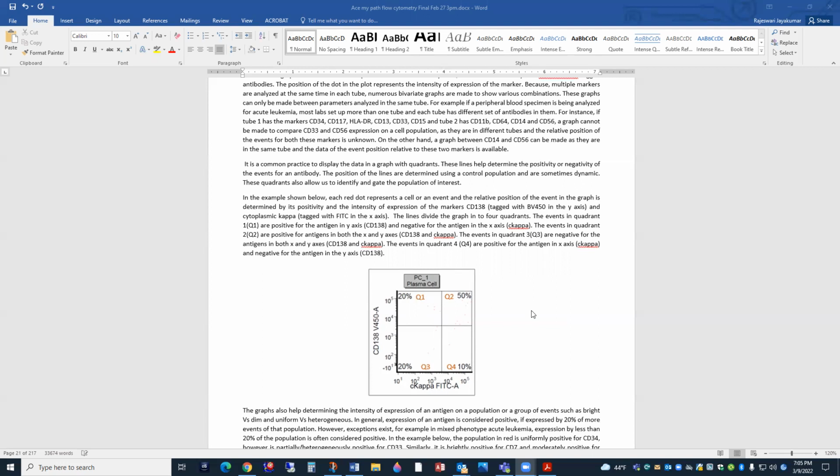Sometimes we can move these lines a little based on the aberrance, like on the neoplastic population, but we normally don't touch these lines for normal populations. And so these are the dots, and that's why this is called a dot plot.